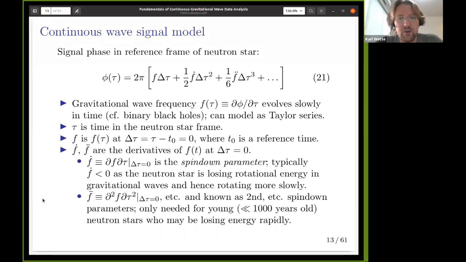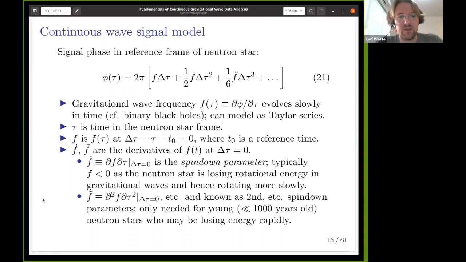Here I've written tau. Tau is the time in the neutron star frame, so it's important to make that distinction. When I write f without any time brackets, that's evaluating our f of tau, our instantaneous frequency, which is a function that evolves with time, at delta tau equals 0. That's what we call f.